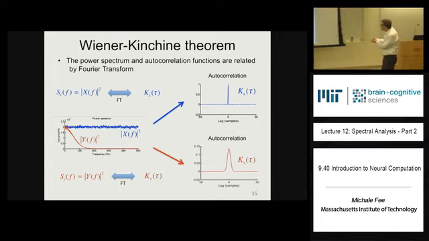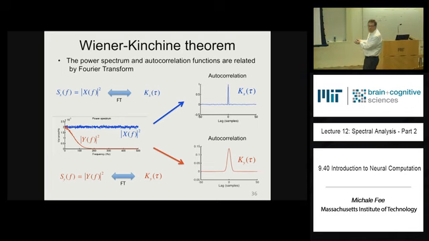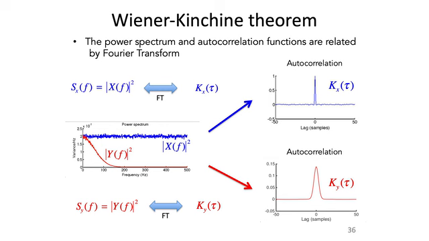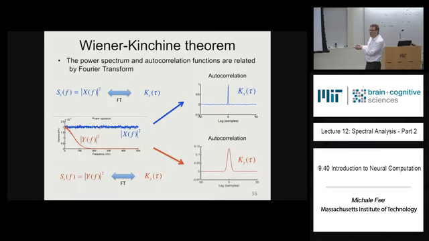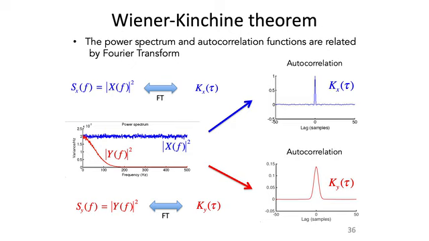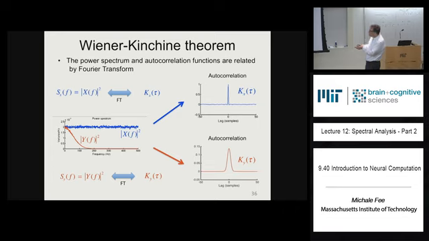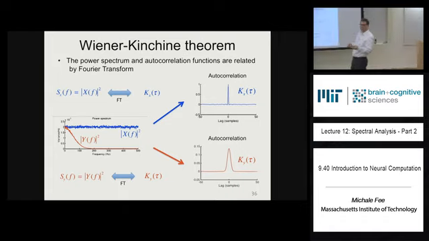What's the width of this in time? How would I get that from here? How are the width in time and the width in frequency related to each other? Right, the width of this in time is just 1 over the width of the frequency, so you have to take the full width. Does that make sense? Okay, Wiener-Khinchin theorem, very cool.